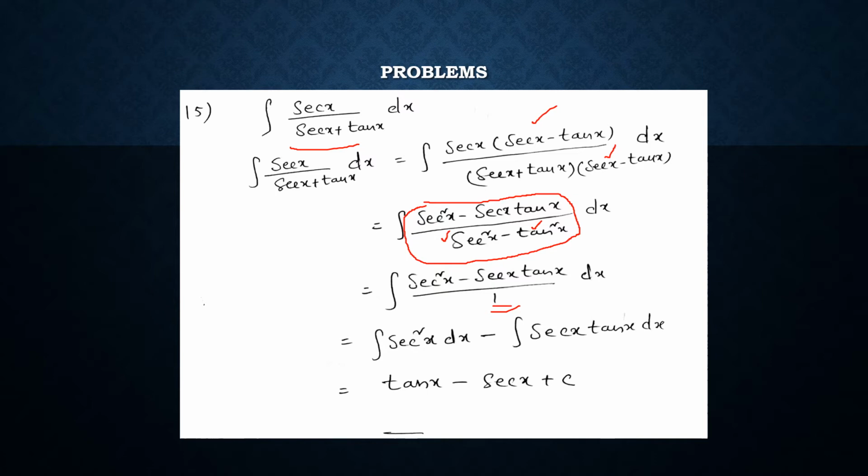That can be written as integral secant square x dx minus integral secant x into tan x dx. We know that integral secant square x dx is tan x, and integral secant x into tan x dx is secant x, plus the integral constant c. So this is the solution.